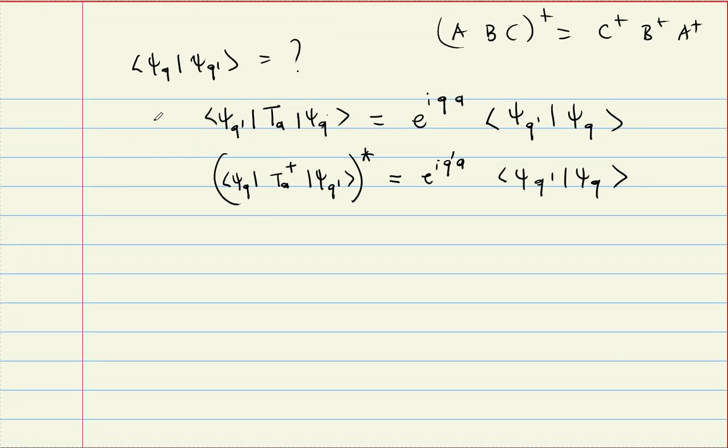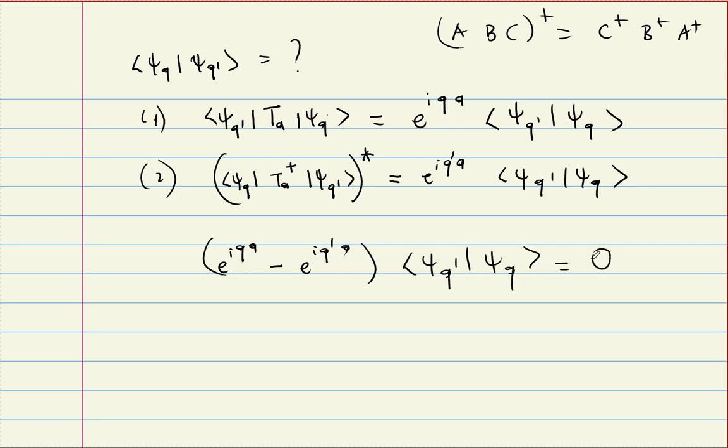But we said this 1 and 2 are equal. If they are equal, I can form this: e to the i q a minus e to the i q prime a, times psi q prime psi q, is 0. Now, if q and q prime are not equal to each other, if they are distinct, and we are taking q and q prime to be in the first Brillouin zone in this calculation, this part is non-zero.